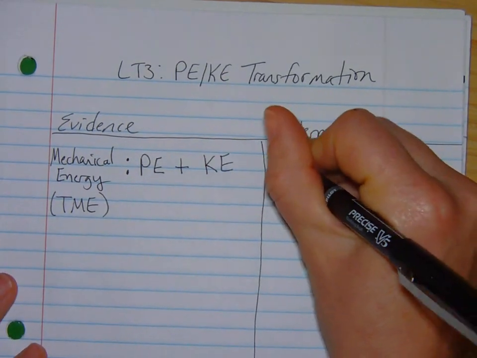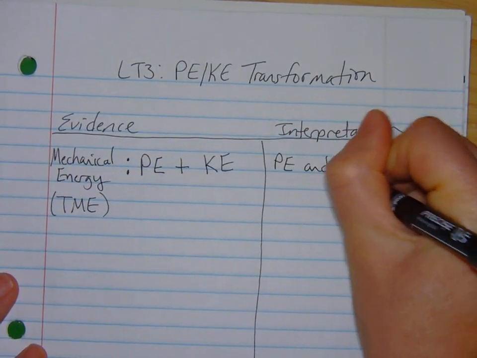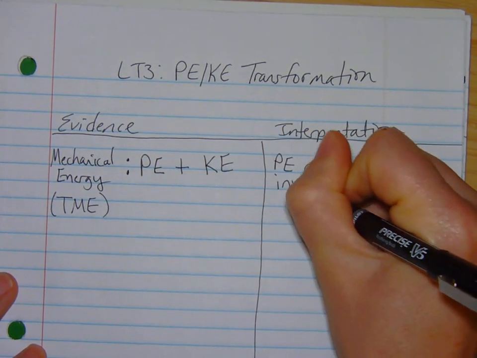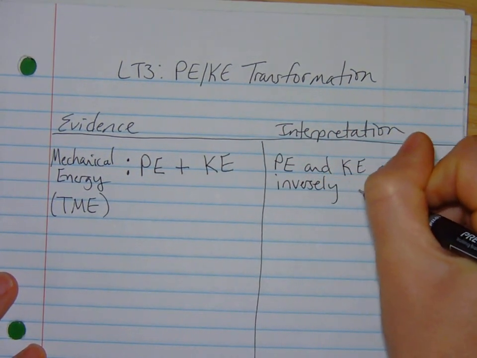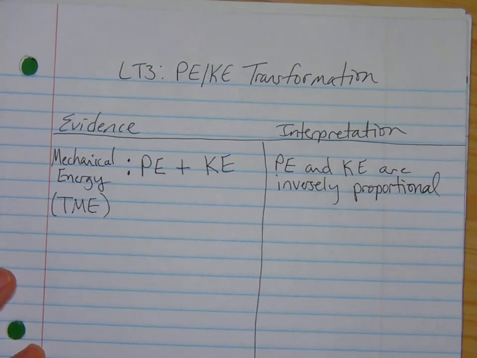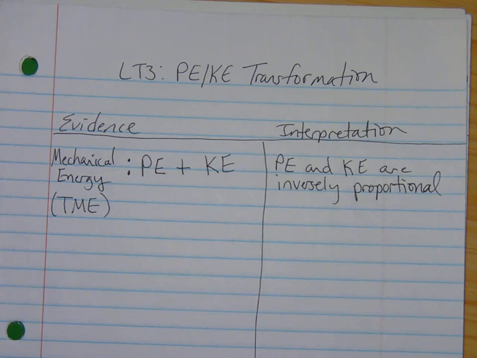So we will always see these two values have an inverse relationship. So potential and kinetic energy are inversely proportional.